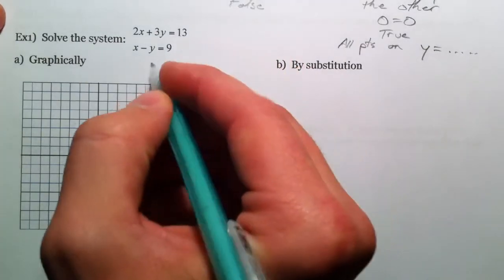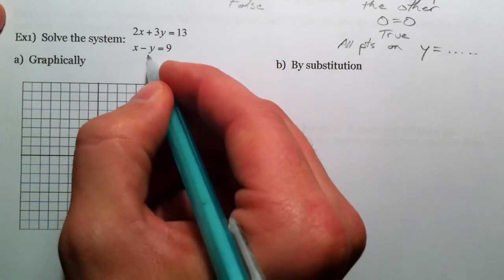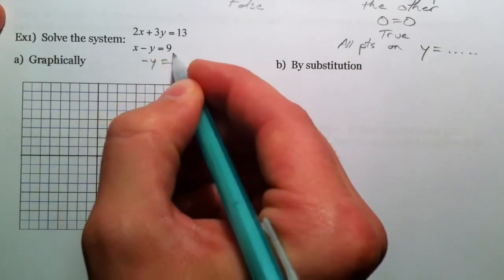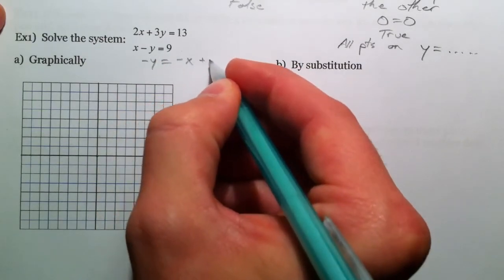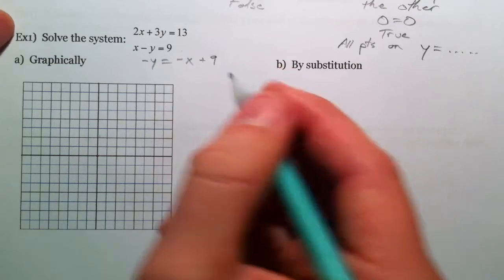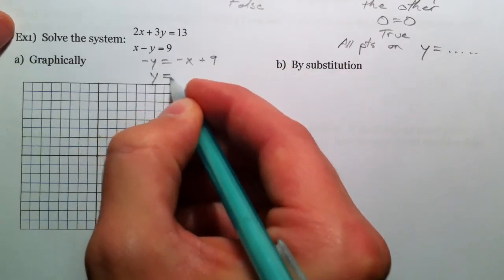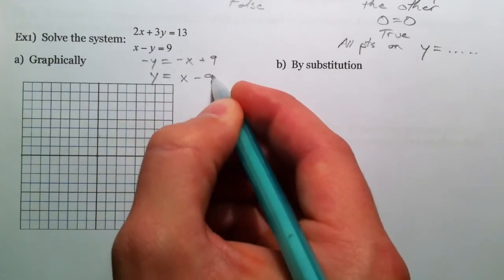So let's do this bottom one first, just because it's a lot easier. So negative y equals, let's subtract the x. I'm going to put the x first, just because that's what we're used to seeing in slope-intercept form. And then y equals positive x minus 9.